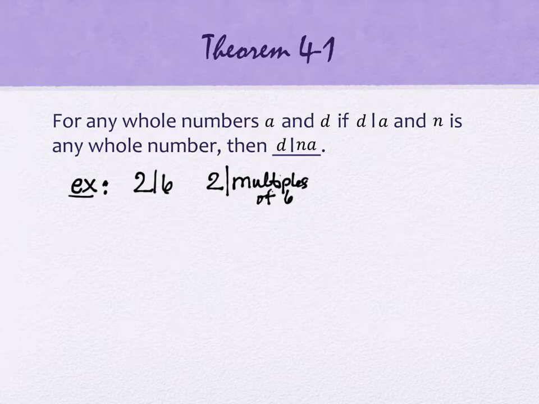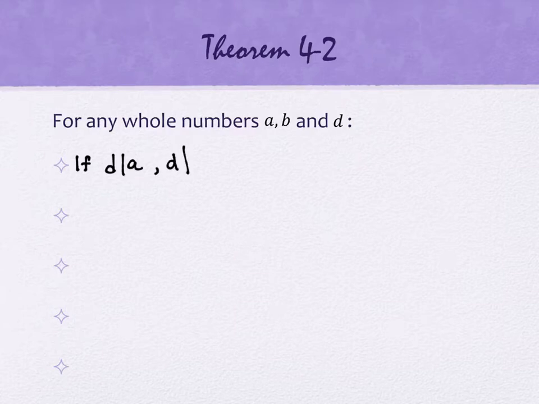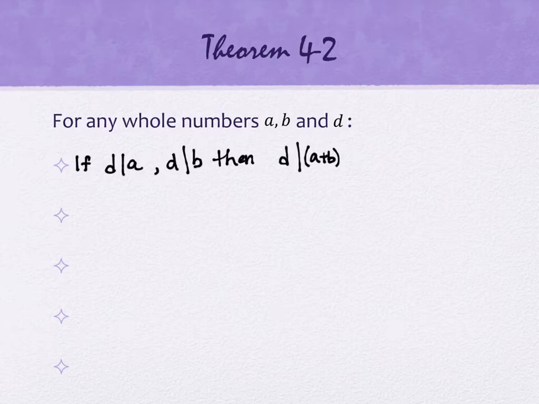Then we're going to take a look at some comparison pieces for divisibility. If D divides A and D divides B, then D divides A plus B. It works all the time, but I'll go back and give you examples in a different color, showing how you can see it at play, and some where they don't divide and you can see it failing.